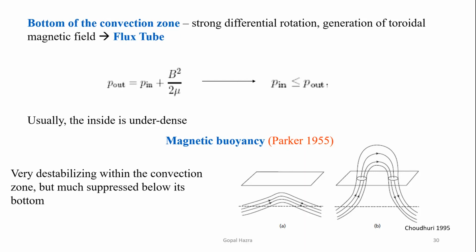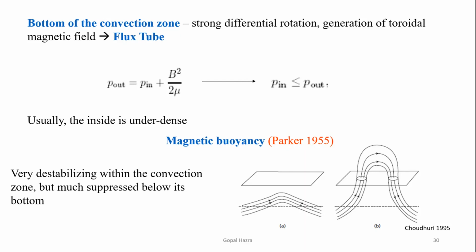Suppose this is the bottom of the convection zone and your flux tubes are standing there. Because of the magnetic pressure, the inside of the tube gets buoyant and eventually rises. The support for this is that if you see the sunspot photo, these are huge black regions, so they originate from below.